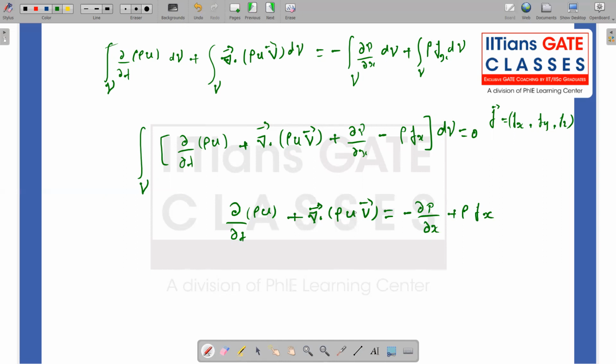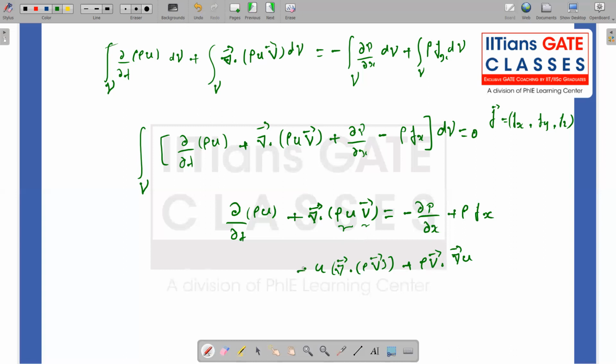Again, we can go on and show this in total derivative form. For that, I have rho u. Rho u is two scalar fields, whereas v is a vector field. So it is a scalar multiplied with a vector. What I am going to do is club rho and v together and treat u as a separate field. So that means u times divergence of rho v plus rho v dotted with the gradient of u.